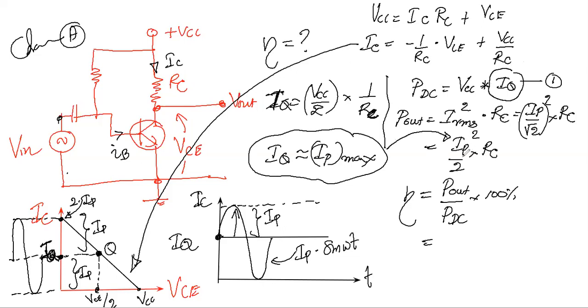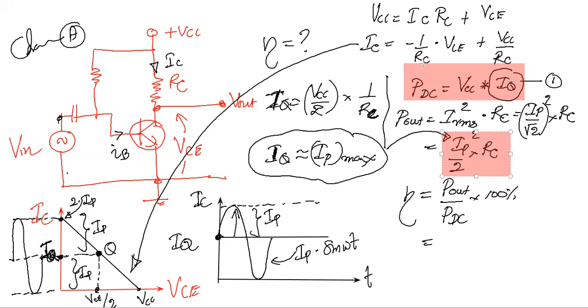Therefore, this I peak value, if you want, you can substitute by using this IQ value. Look here, this PDC value I derive with respect to capital IQ value. So when you compute this P out, that is with the peak value. Therefore, if you want, you can substitute that I peak value by IQ.